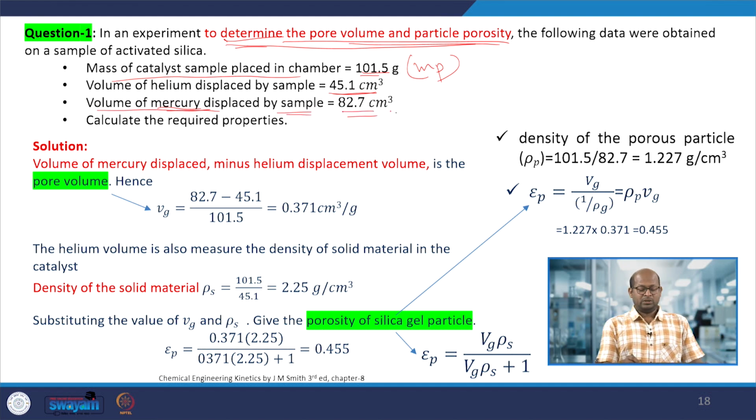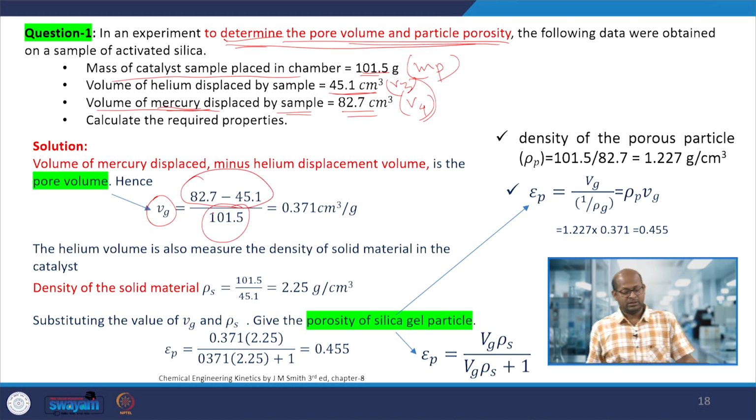Here you can see this is V4, I said this is V3. So the volume of helium displaced would be less and the volume of mercury displaced by the sample would be more. Now Vg, the pore volume, we can find from the difference between V3 and V4, divided by the amount of material taken, 101.5 grams. So this would be the pore volume of that material. If you know V3, V4 and the amount of material taken, the pore volume we can easily find out using these methods.